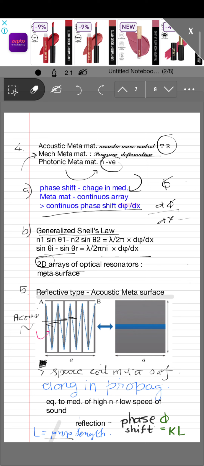It is a space coil, and it is also called a metasurface, because even if the physical path length is not changed, by putting plates we have increased the optical path length. It keeps getting reflected from the walls, and the phase that is being created is phi, and there is a shift that is KL.